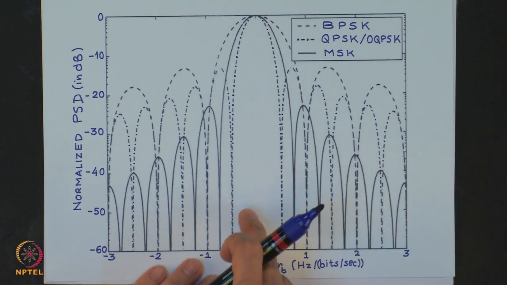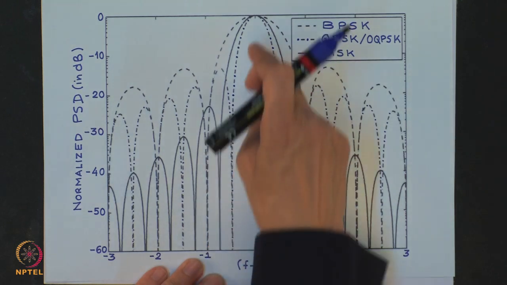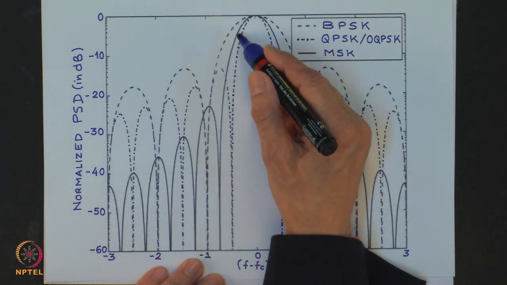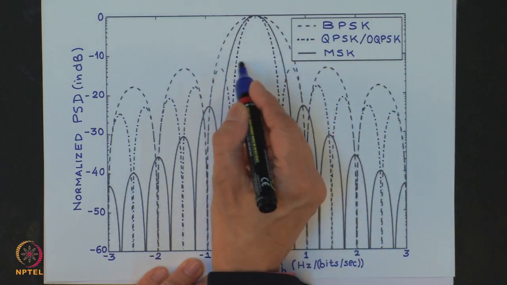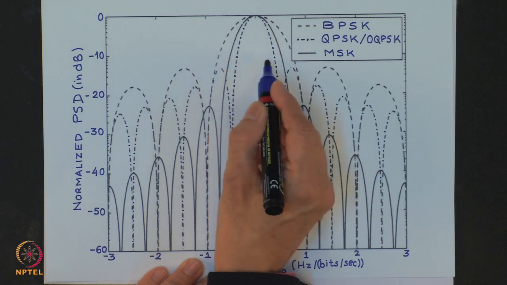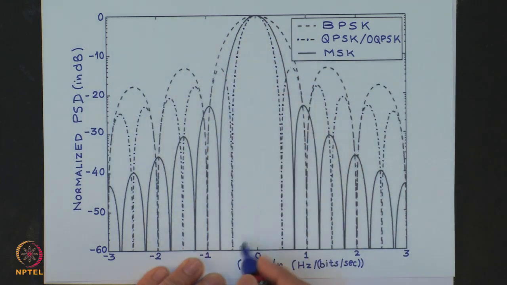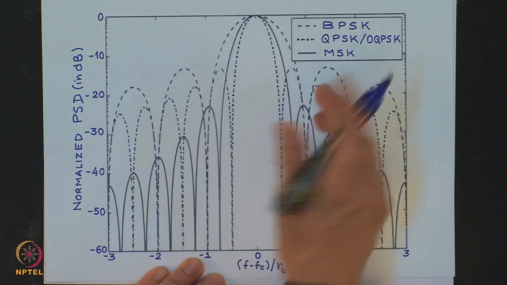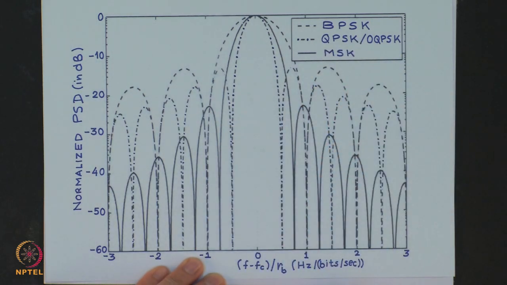But it is important to observe that the MSK spectrum, which is this solid line out here, has a wider main lobe compared to the QPSK or OQPSK, which means that when compared in terms of null to null bandwidth, MSK is less spectrally efficient than QPSK or offset QPSK.